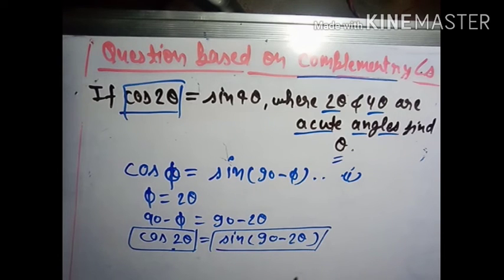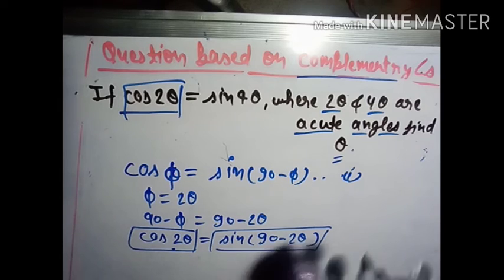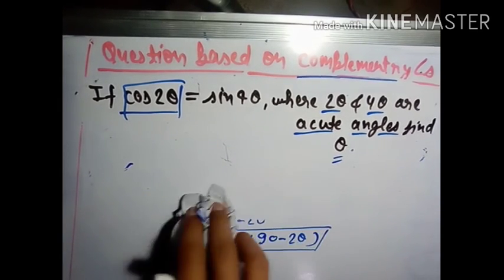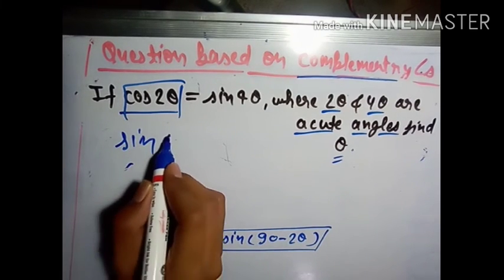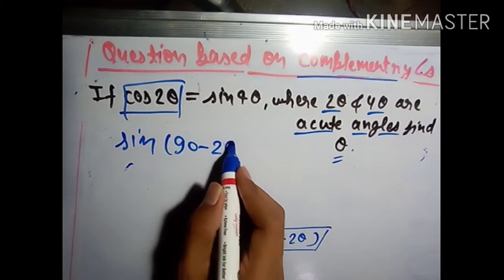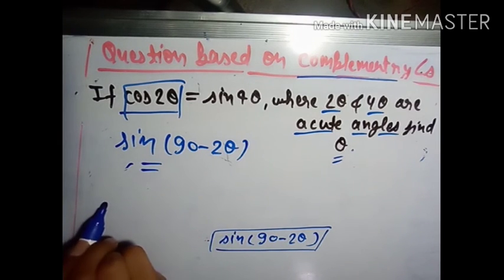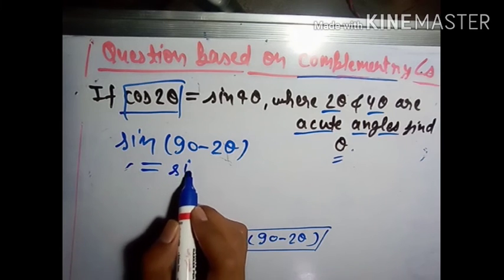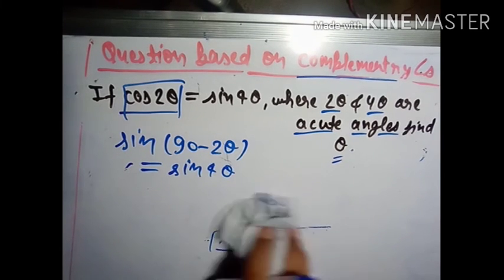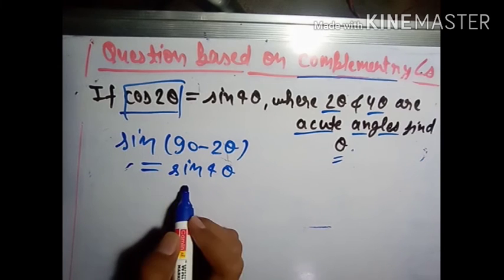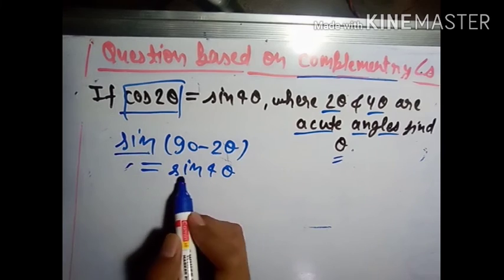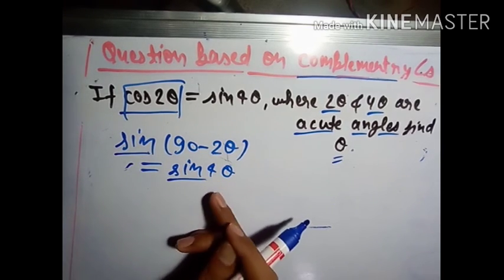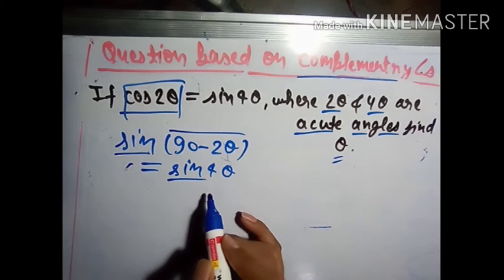Okay, so I'm erasing it and doing it. Note it in your copy. Now this value I am putting here: sine 90 minus 2 theta is equal to sine 4 theta. Now look at this condition, sine 90 minus 2 theta is equal to sine 4 theta. The sine functions are the same, so the logic is that their angles must be the same.